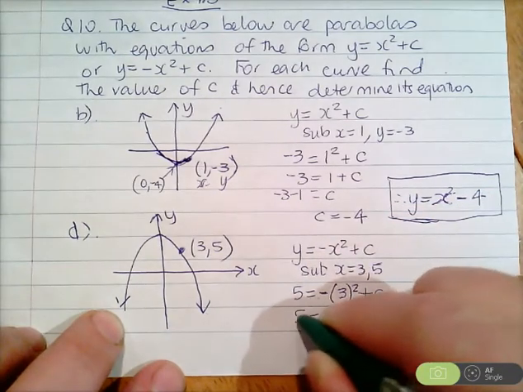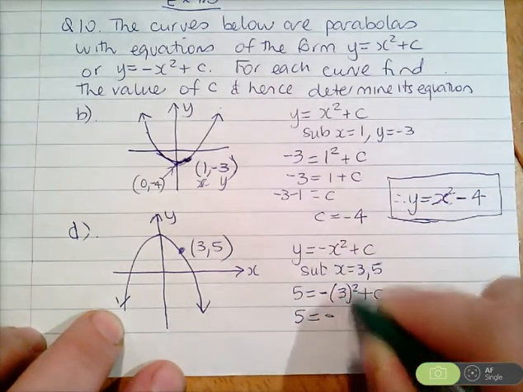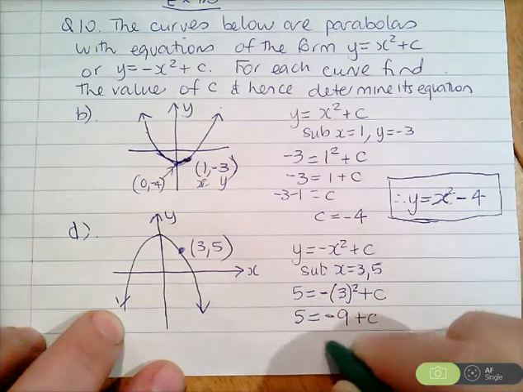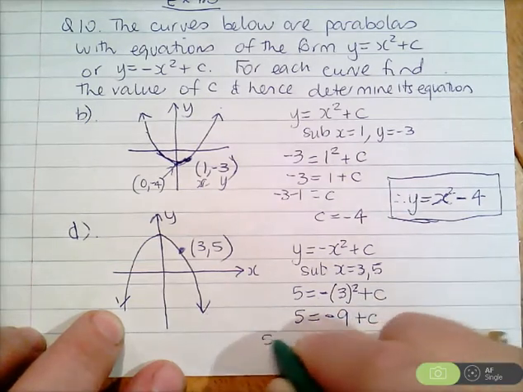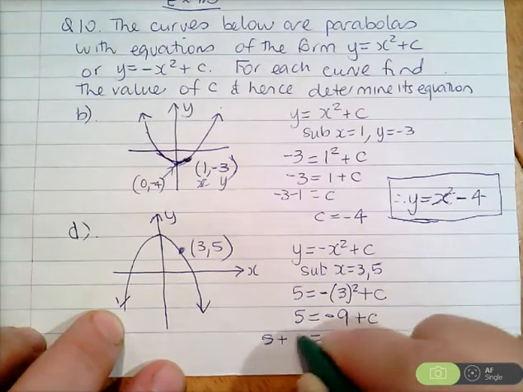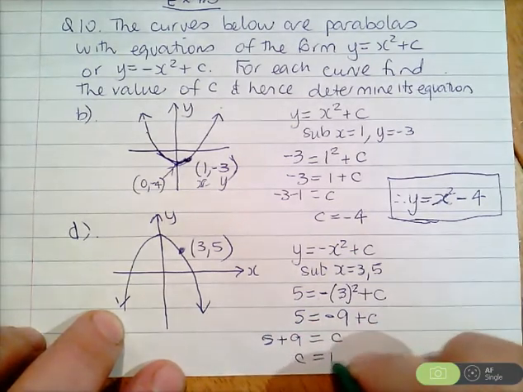So we get 5 equals negative 3 squared is 9. So we get negative 9 plus c. So therefore c will be 5, taking this 9 to the other side, we get 5 plus 9. So c is 14.